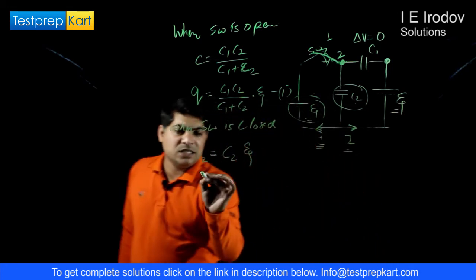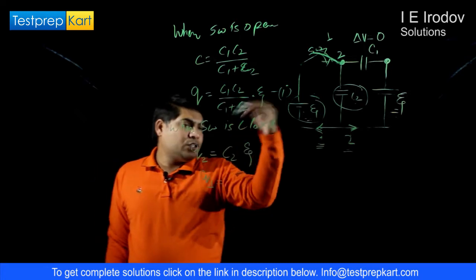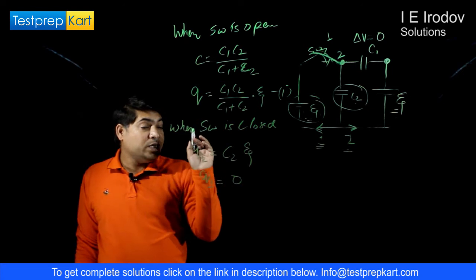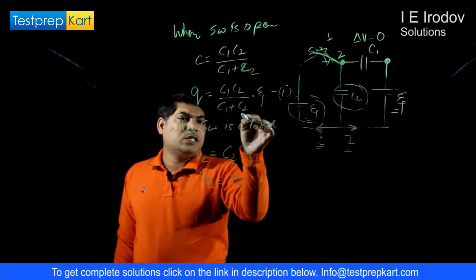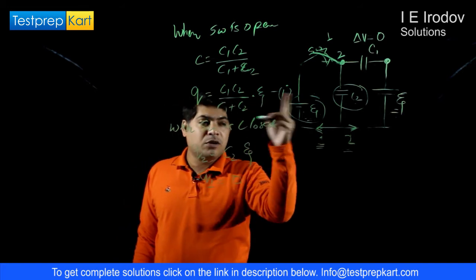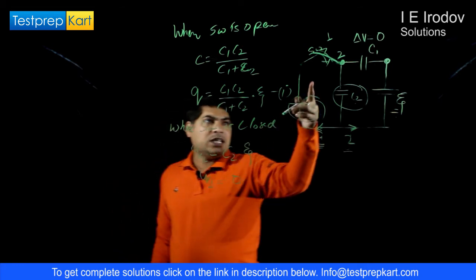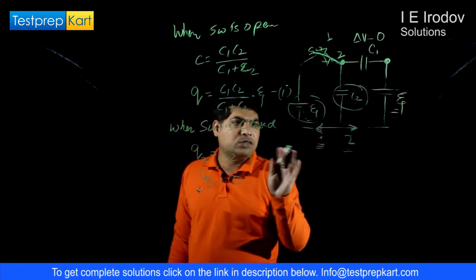So the charge stored in capacitor C1 after the switch is closed is equal to 0. Initially there was charge C1 C2 over C1 plus C2 into E before closing the switch, but after closing the switch, Q2 is C2 into E and Q1 is equal to 0.